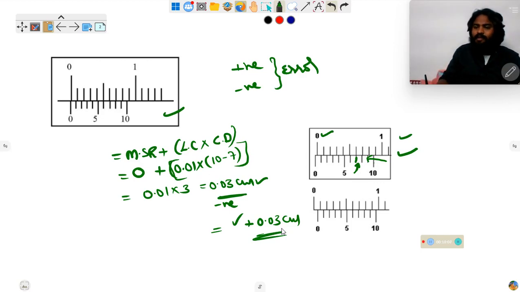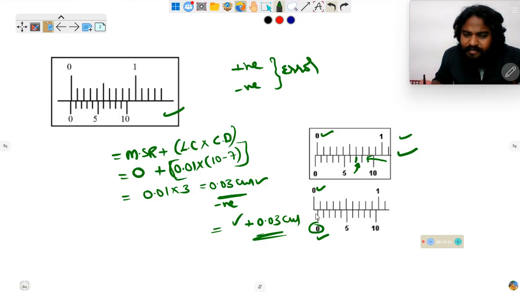Whereas coming to positive error, positive error is nothing but the zero of the Vernier scale being backward, I mean next to the zero of the main scale. Okay? Right? So here, for reading, the same formula again: main scale reading plus least count into coinciding division.